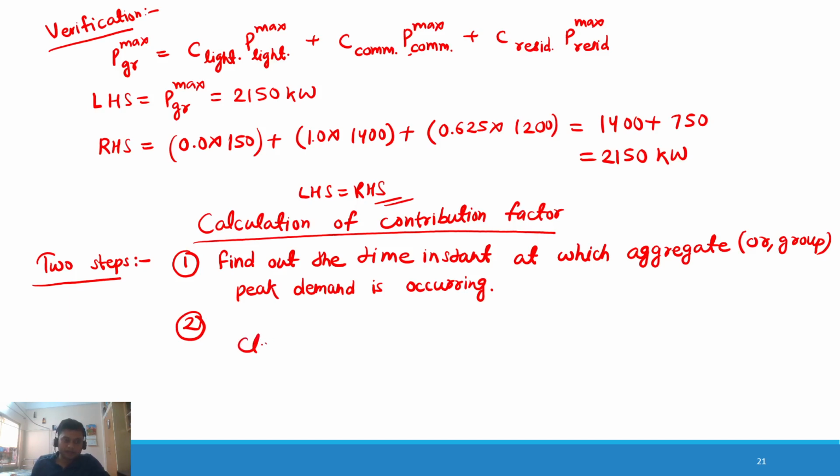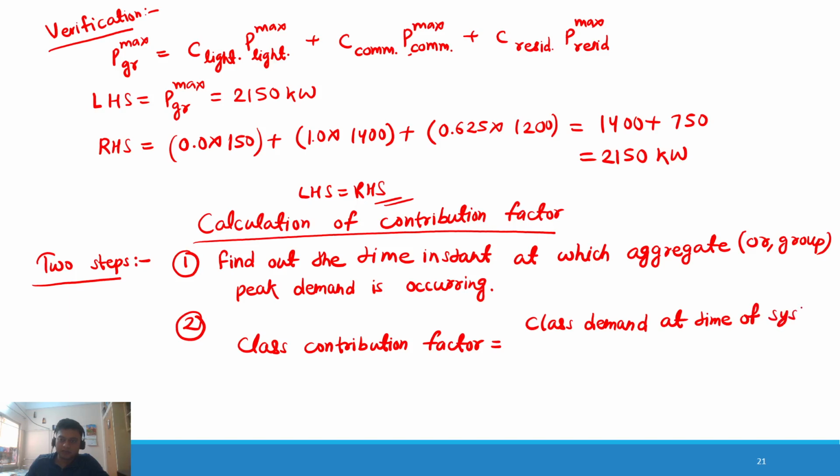So we will use this formula: class contribution factor equals class demand at time of system peak, here in this question given as feeder peak at time of system peak, divided by the class non-coincident maximum demand.